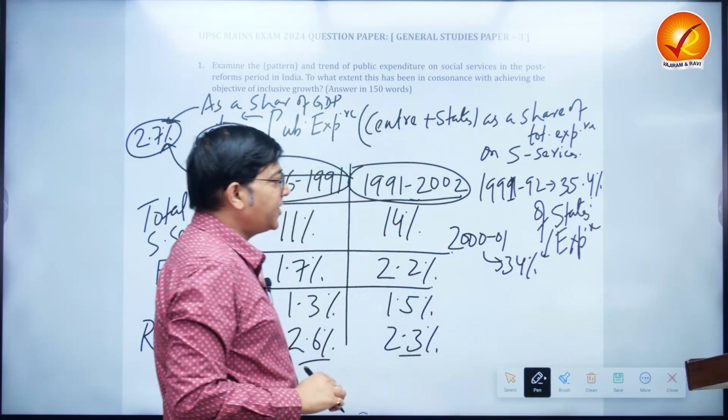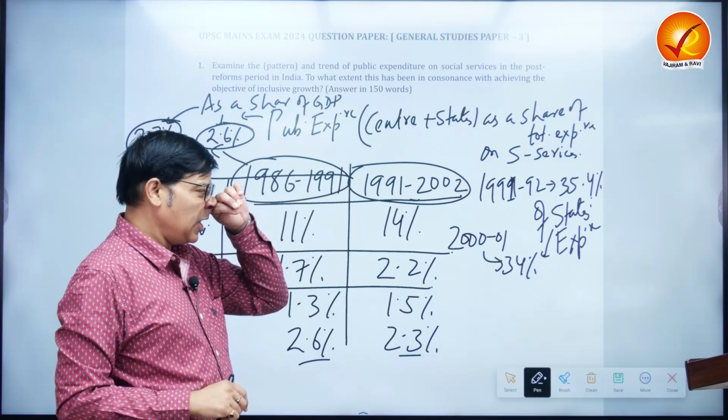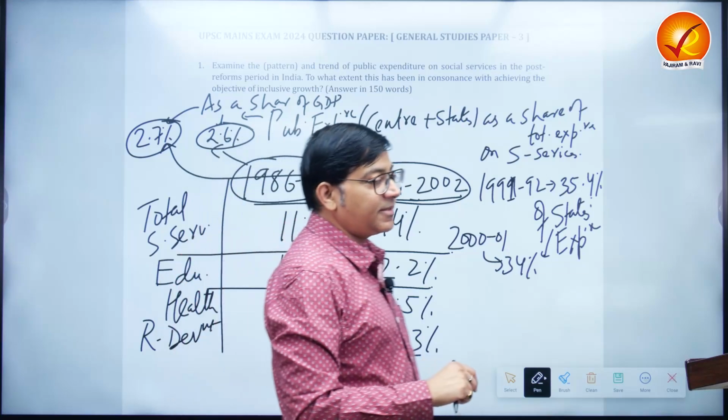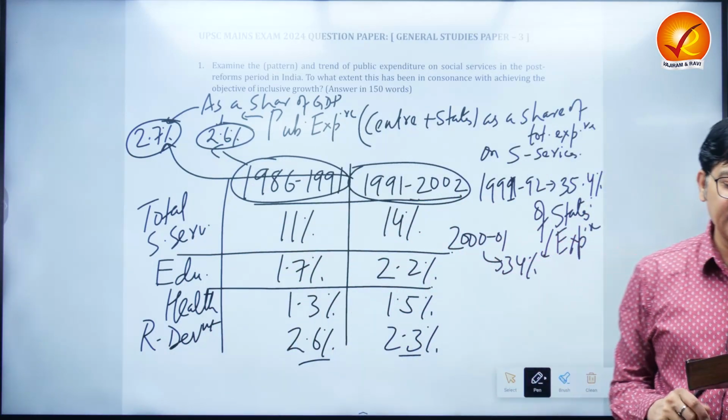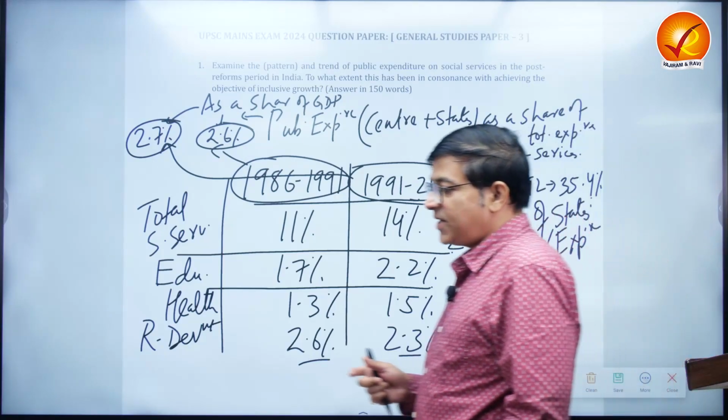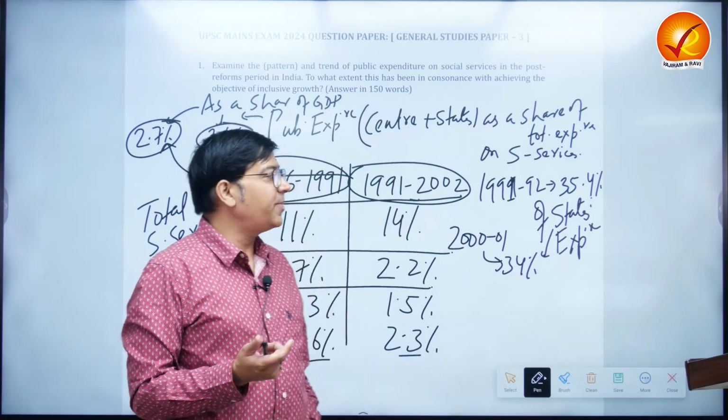So what we are trying to say is that overall expenditure on social services increases, but the state's expenditure is actually decreasing, although marginally. Similarly, the percentage as a share of state's GDP is also decreasing, although marginally.